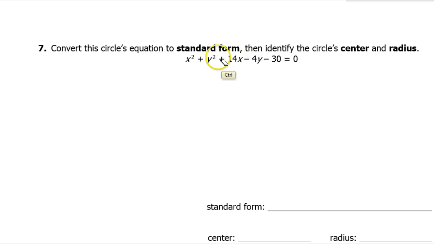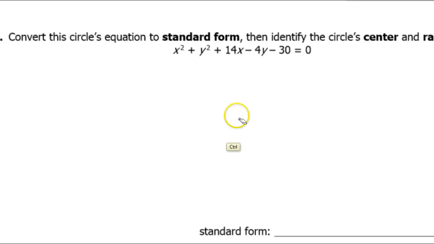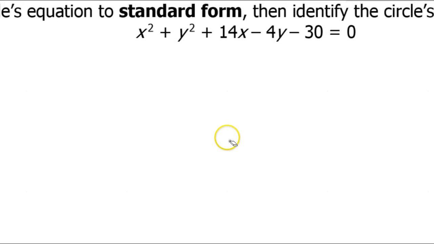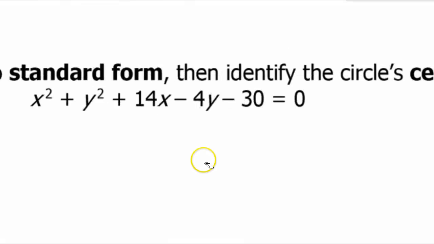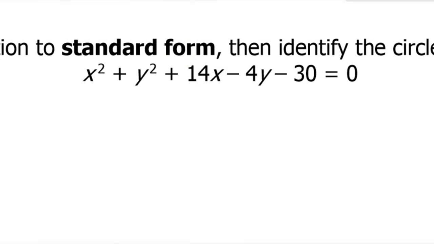For problem number 7, we need to convert this from general form to standard form. So I have no parentheses here, so I need to rewrite this in that form that has all the parentheses in it. All right, I'm going to have to zoom in. So the first thing I need to do is make sure that I rewrite it so that the terms that have x in them are right next to each other.